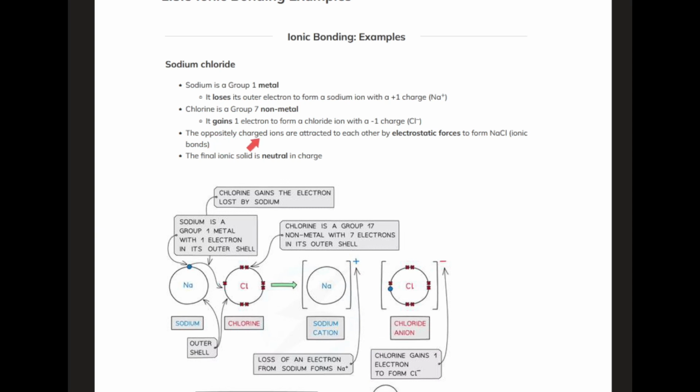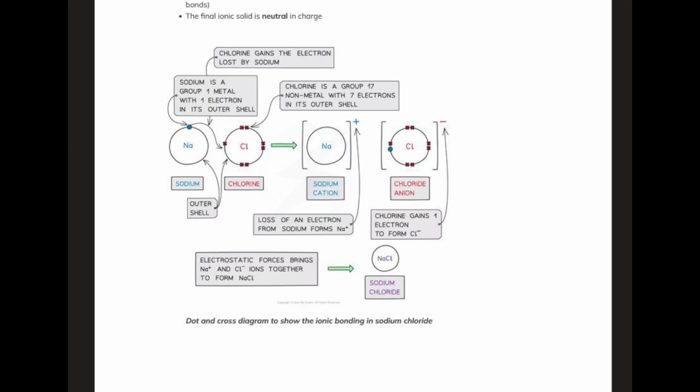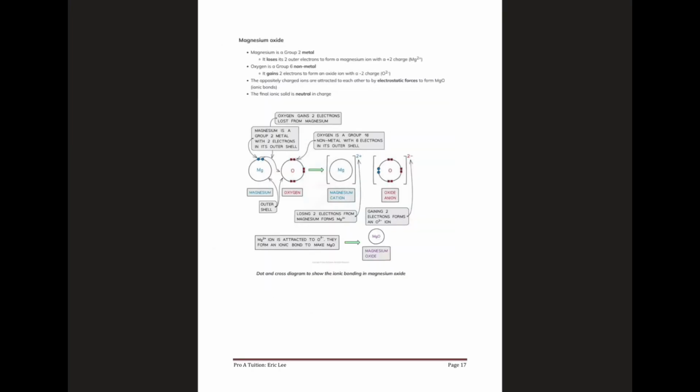Okay, so they become oppositely charged, and then they are attracting each other by electrostatic forces to form NaCl, and the charges cancel off, and at the end NaCl is neutral. So this is the picture. One valence electron is given away, so sodium becomes positively charged, and chlorine has 8 electrons. So this one gets 1 electron and becomes -1.